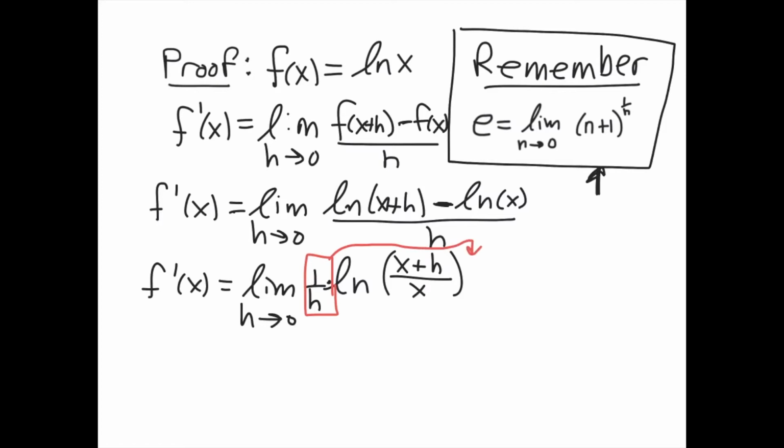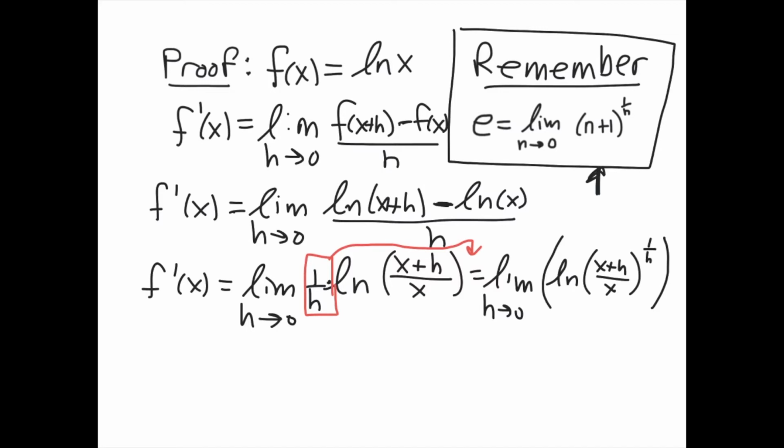So we're going to do that next. So now we're still going to have our limit as h approaches 0 of ln of x plus h over x all to the 1 over h power. Now all of this is inside of our limit.